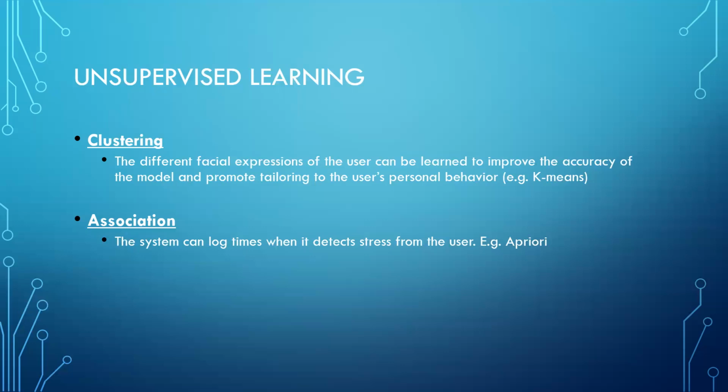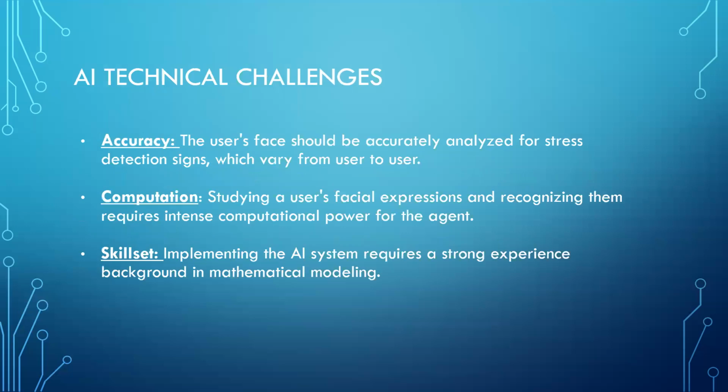So we can draw a relation, such as unsupervised learning, such that even as the user is in the process of getting stressed, we can suggest even before, based on last time's activities of the sort. For example, we have the a priori algorithm that can help us in association.